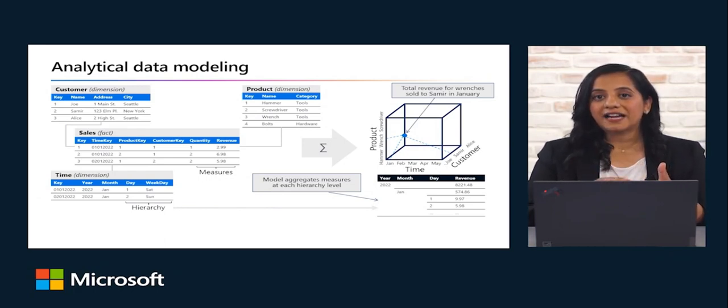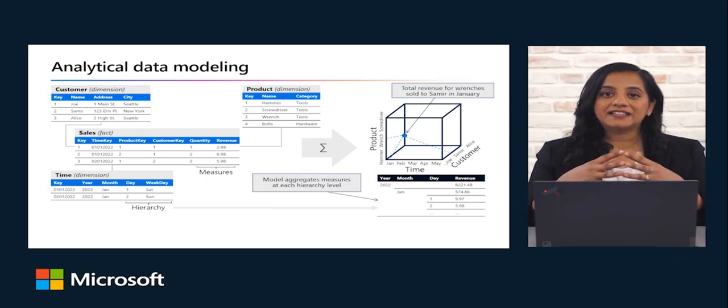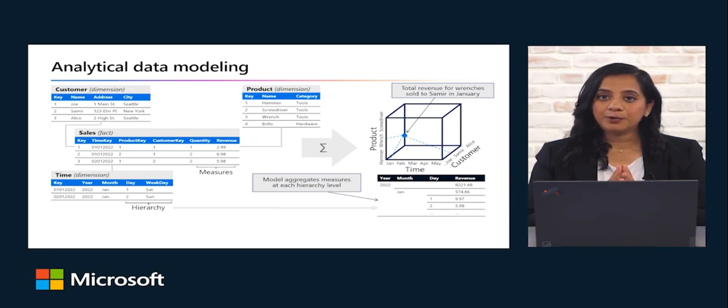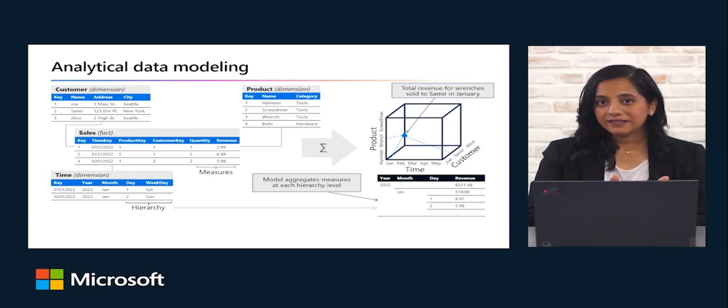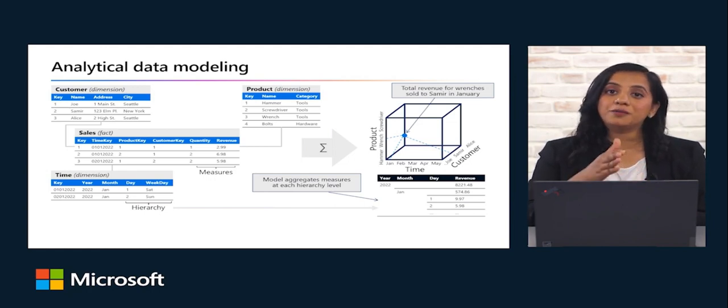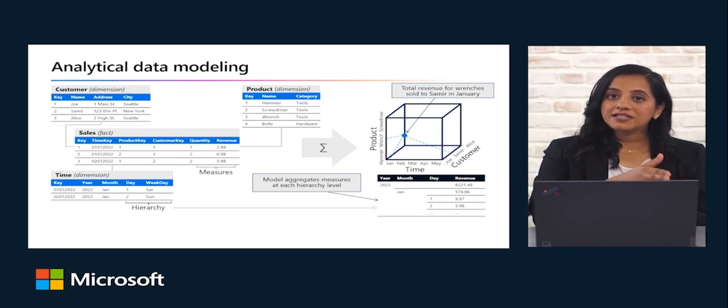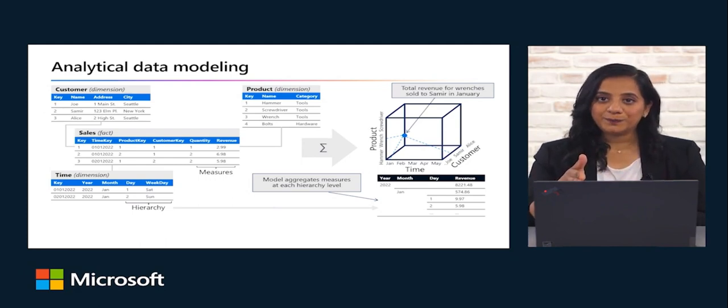Each row in a fact table represents a recorded event that has numeric measures associated with it. For example, the sales table on the slide represents sales transactions for individual items, and it includes the numeric values for quantity sold and revenue.